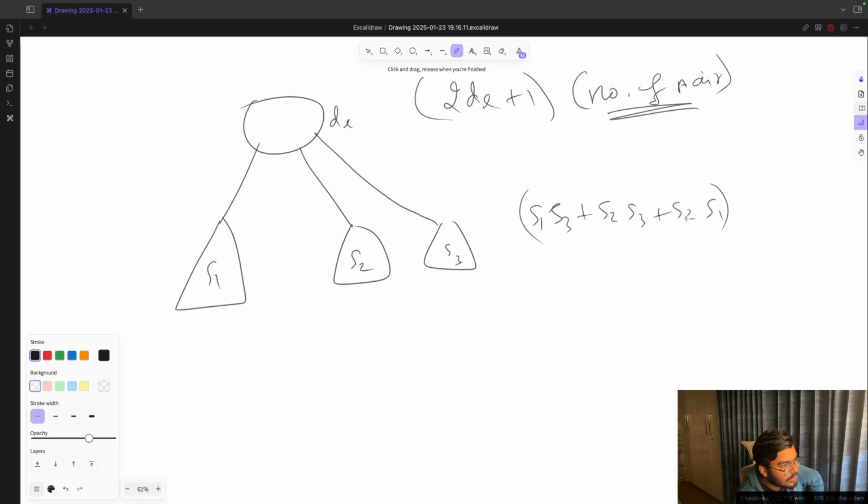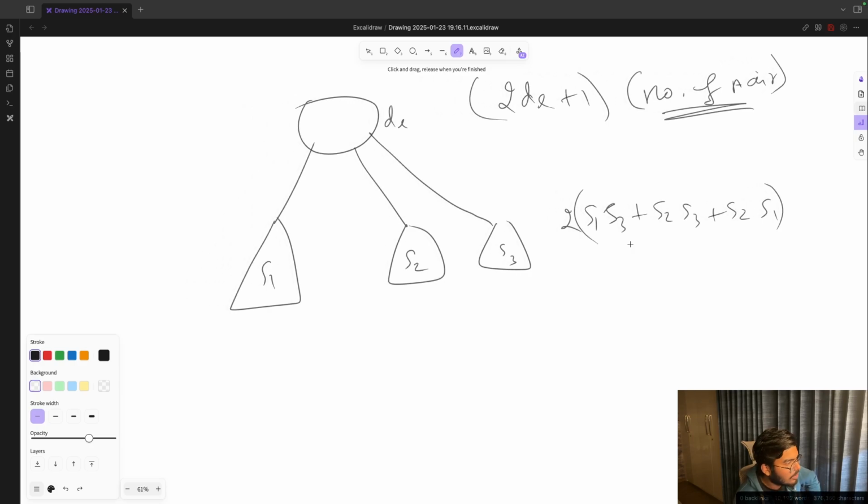Now what you can do is multiply this by 2. If there were only 2 children, you had s1 s2. If you had more than 1 child, then you had it like this. And it is a very common formula that (a1 plus a2 plus a3 till an) whole square is equal to summation ai square plus 2 times the sum of pairs.